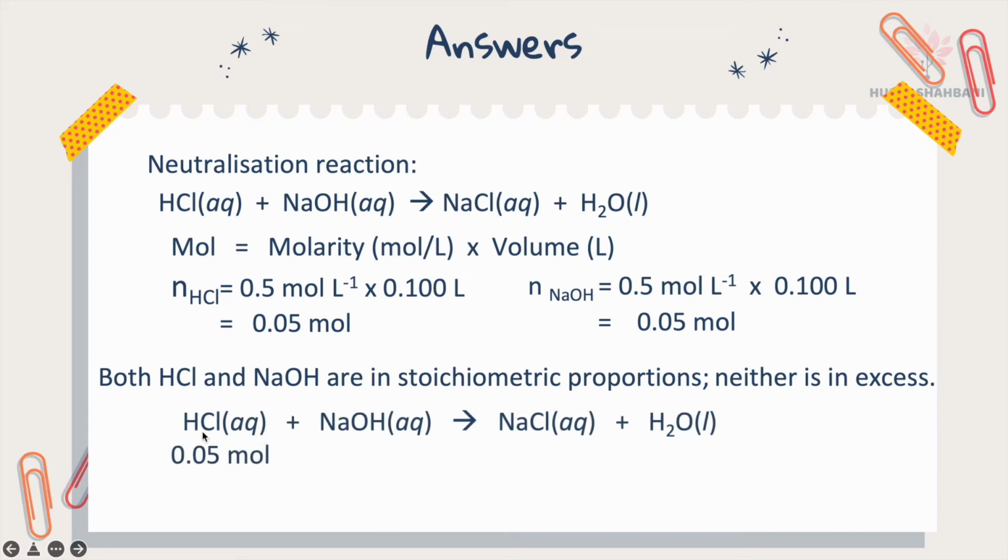So here 0.05 reacts with 0.05, we will get 0.05 sodium chloride and 0.05 mole of water, because here 1 mole, 1 mole, 1 mole, 1 mole, if 0.05, all 0.05, because the stoichiometry for all of them are the same, so the number of mole will be the same.